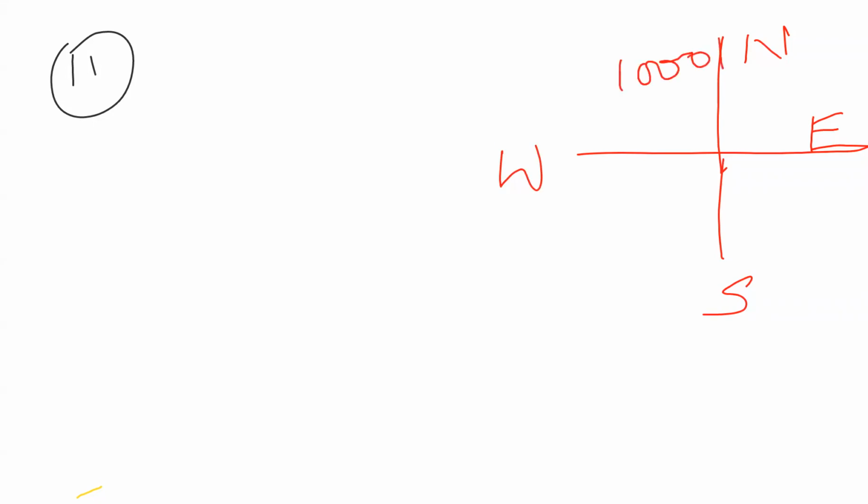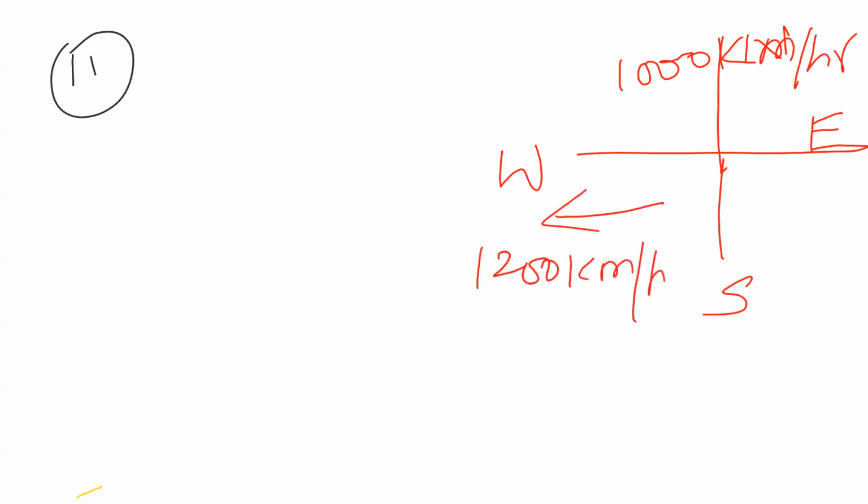Means this one is north. This one is south. You know, this is east, and this one is west. So the first aeroplane leaves the airport and flies at a speed of 1000 km per hour along north, and one with 1200 km per hour along west.